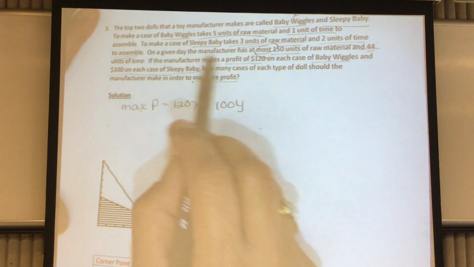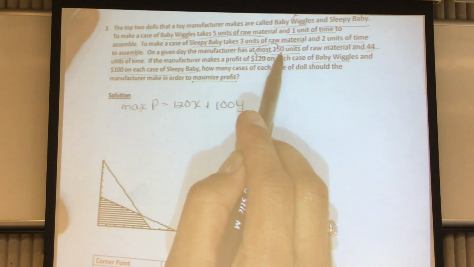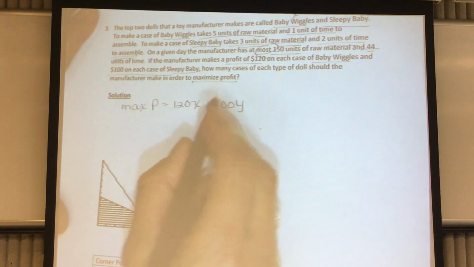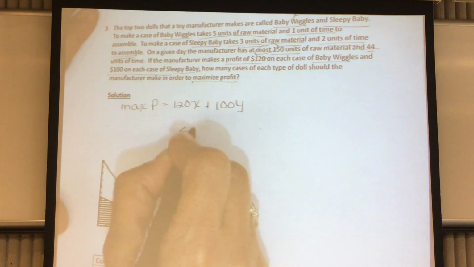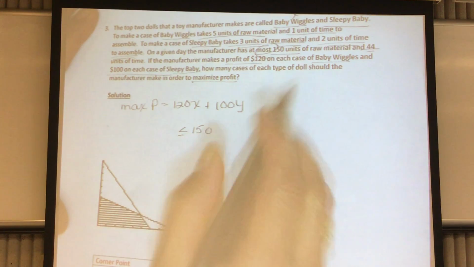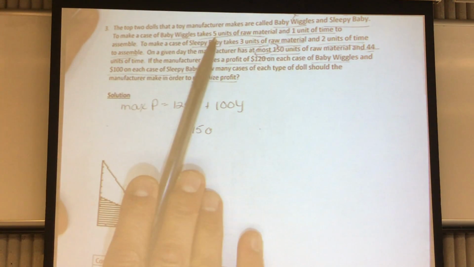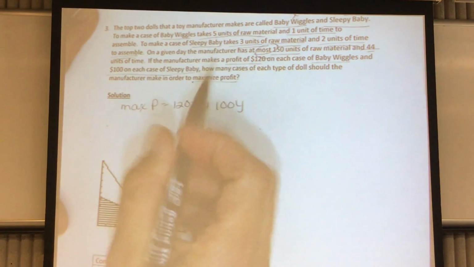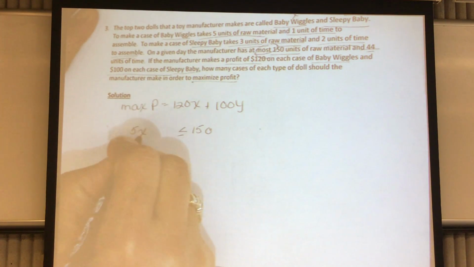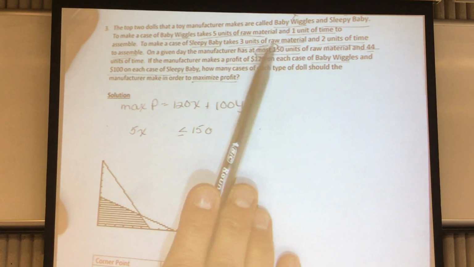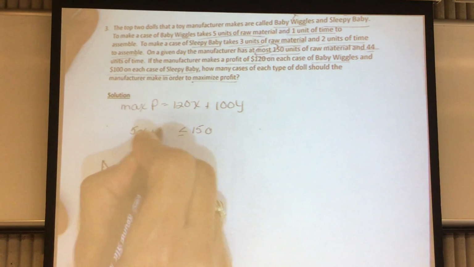Our constraints: you have at most 150 units of raw material. So at most is less than or equal to 150, and this is your raw material inequality. So your raw material inequality, you have 5X and you have 3Y.